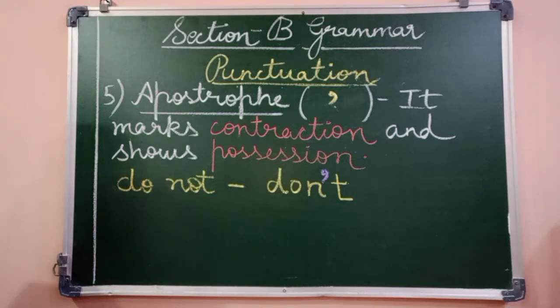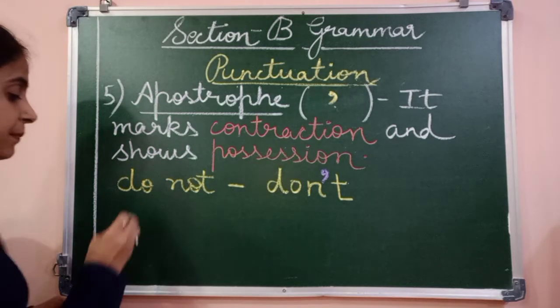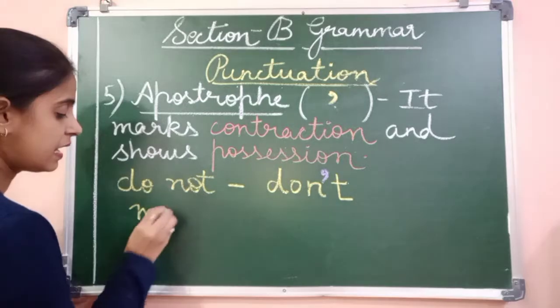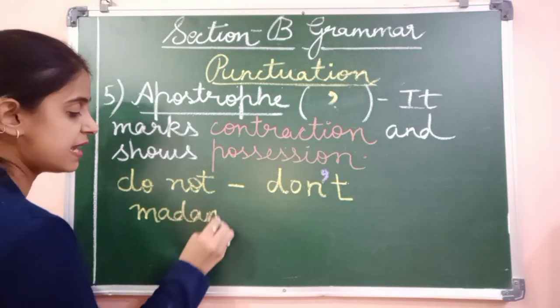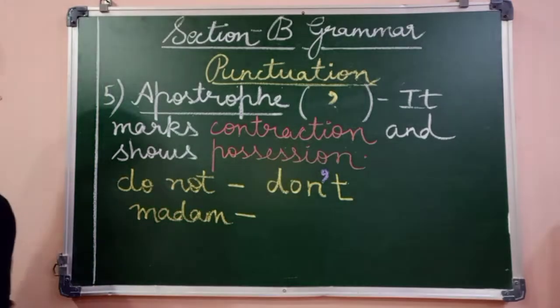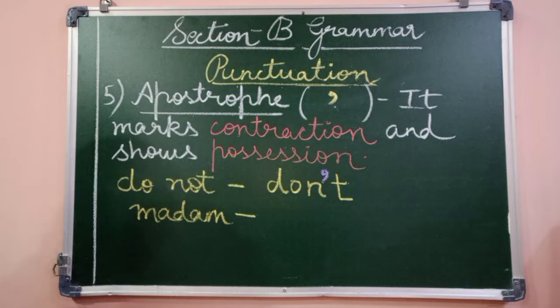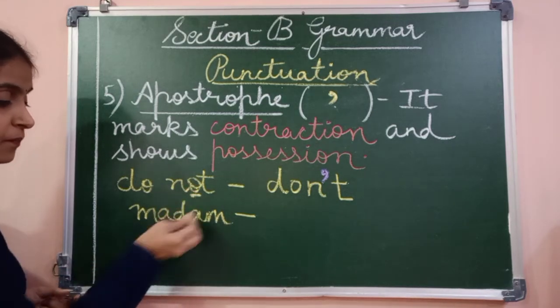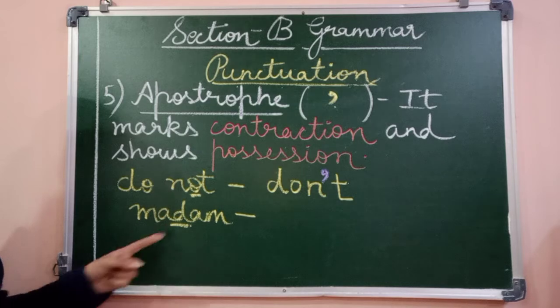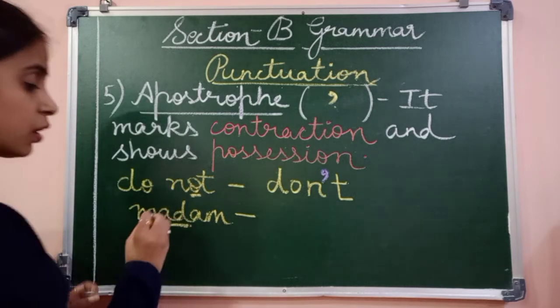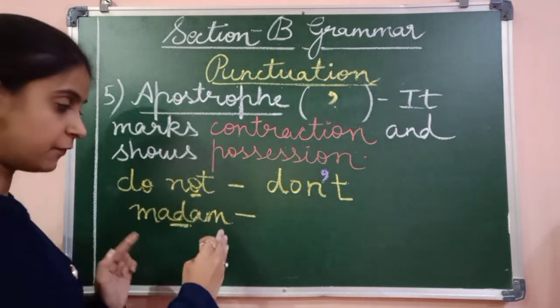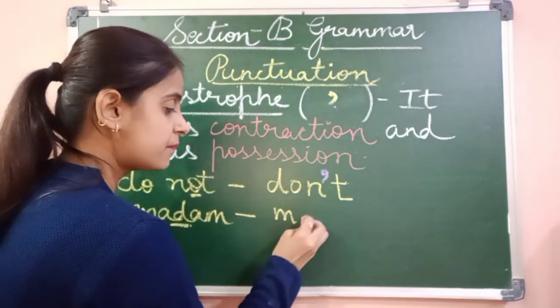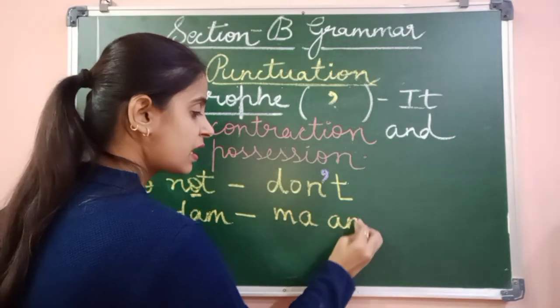Now I give you one more example. For example, a word is there, madam, which is a very common word. Right? Now here we omitted the letter O, and here we have to omit the letter D. So the contracted form or the short form of madam will be ma'am.